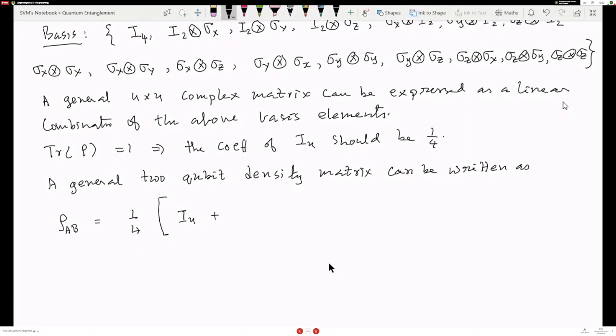Now let's try to write this in the following fashion. Sum over i equal to 1 to 3, some Ri into I2 cross sigma i. Ri are the coefficients, I2 cross sigma i are the vectors.